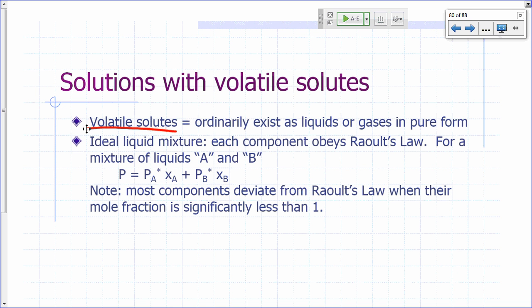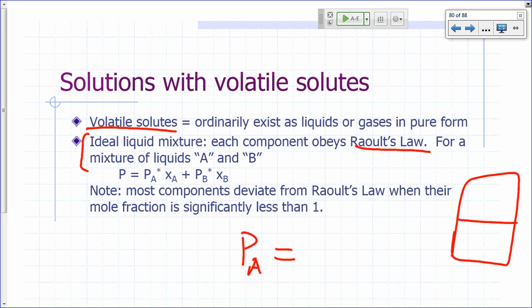Now, for example, let's take a look at a mixture of two liquids. We can define what's called an ideal liquid mixture as one where both components of your mixture obey Raoult's law. If you remember Raoult's law, if A is a component of my mixture, like my solvent, the partial pressure or vapor pressure of A that would be in equilibrium with my mixture... So if I have a liquid here, a mixture of A and B, in the gas I also have A and B, since A and B are both volatile.